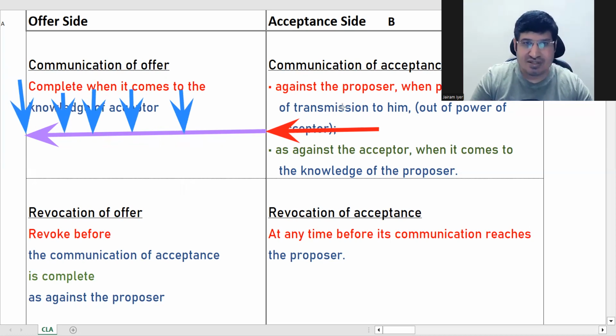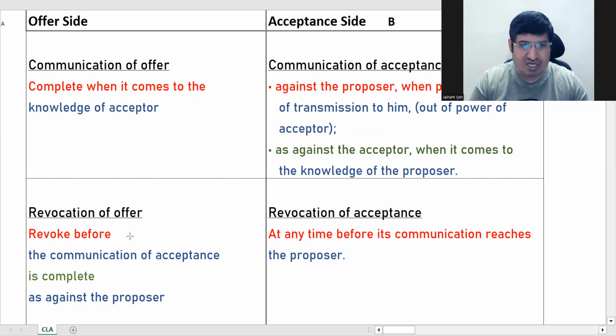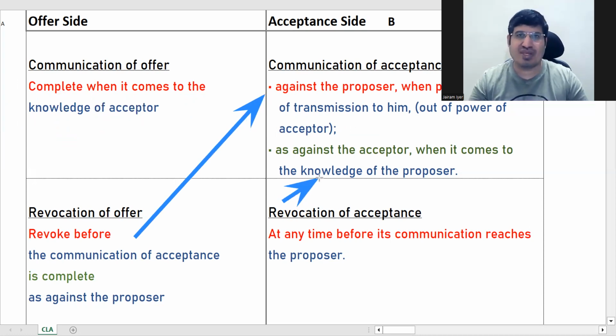Clear? So in short, revocation of offer is this point, and revocation of acceptance is this point. So basically from the first point itself, we have done the second point also. Fine.